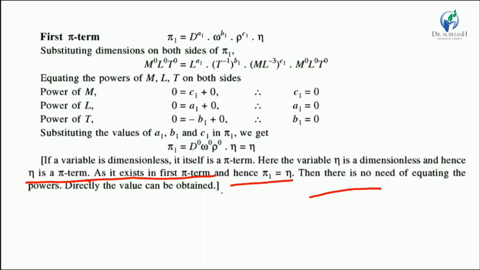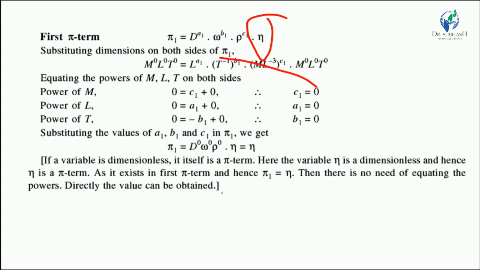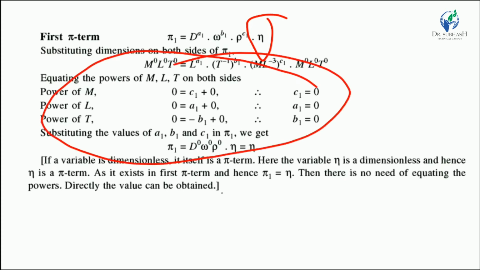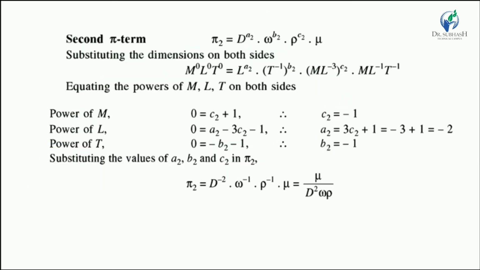There is no need to equate the powers, and the value can be obtained directly. So we can write pi1 is equal to efficiency if the non-repeating variable is dimensionless. We don't have to follow the procedure; we directly write it.